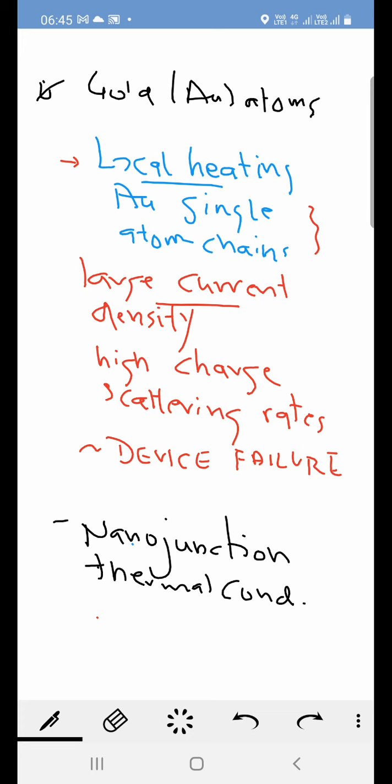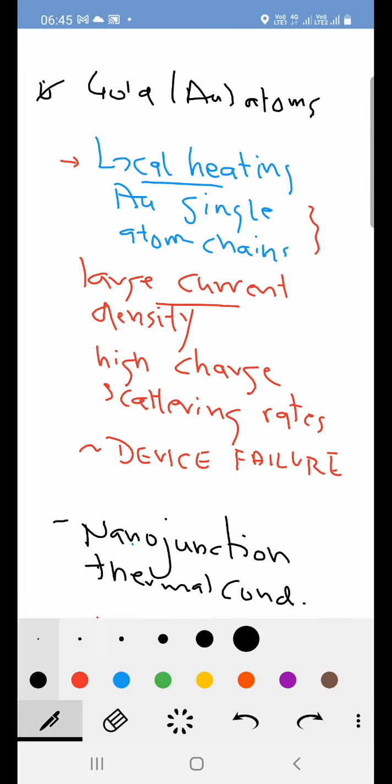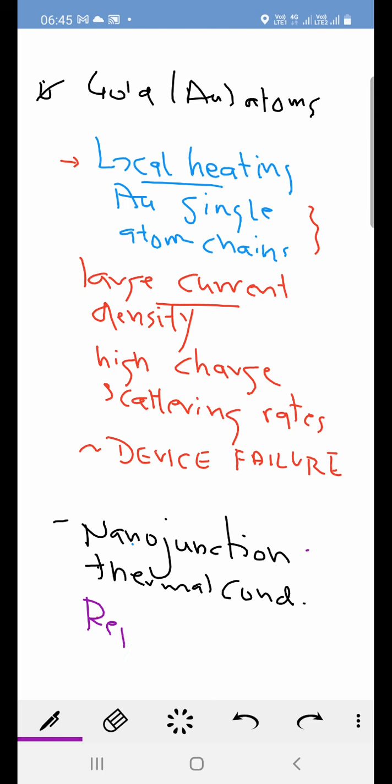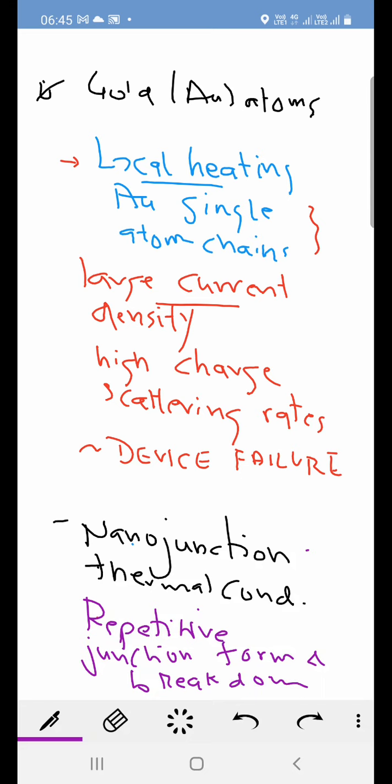In this system of nanowire devices, there is a repetitive formation and breakdown of the nanojunction. This junction formation and breakdown becomes more active when we are applying an AC voltage.